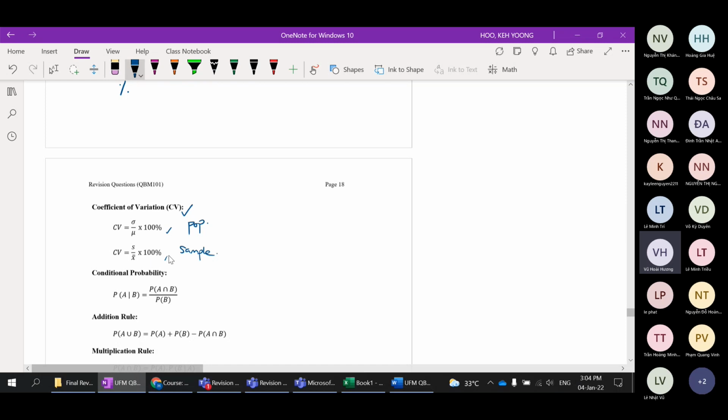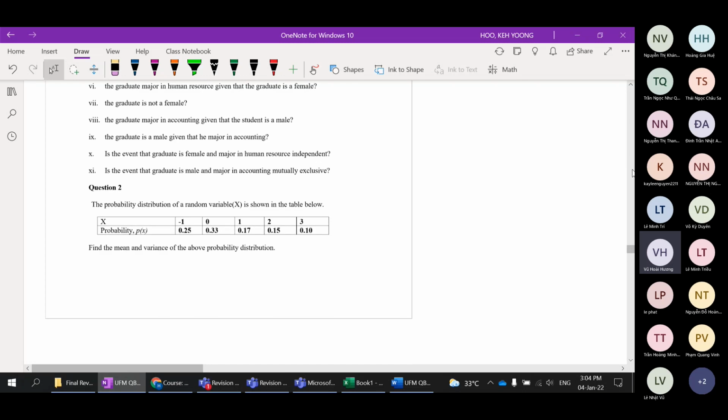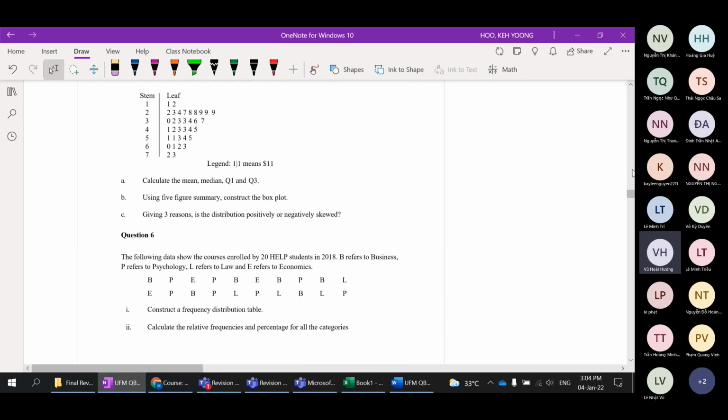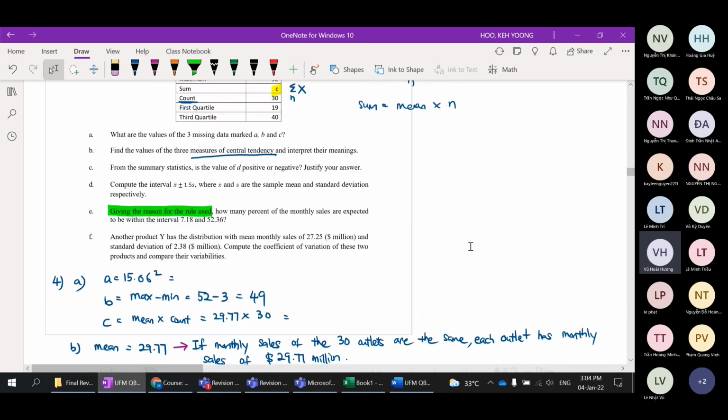Actually, they are the same: take the standard deviation, divide by the mean, times 100%. What is the use of the coefficient of variation? It is to compare the variability of two data sets or two products.